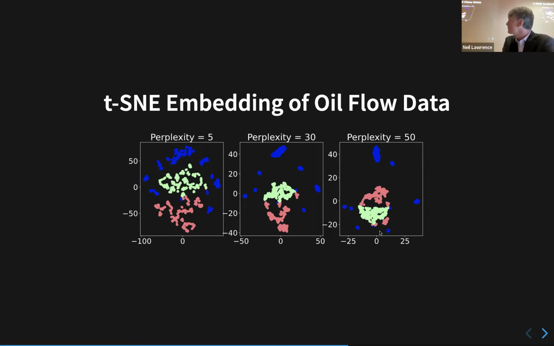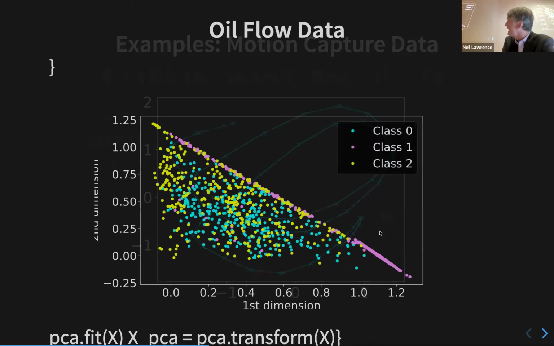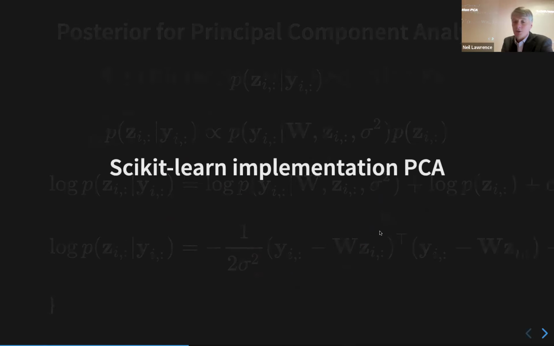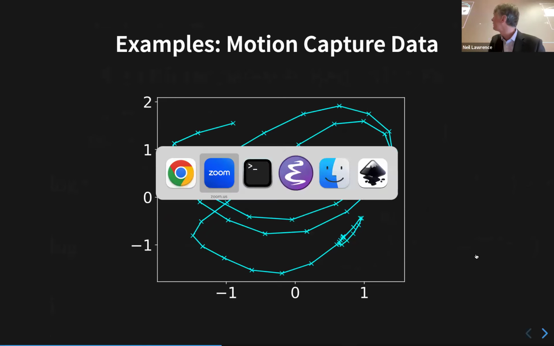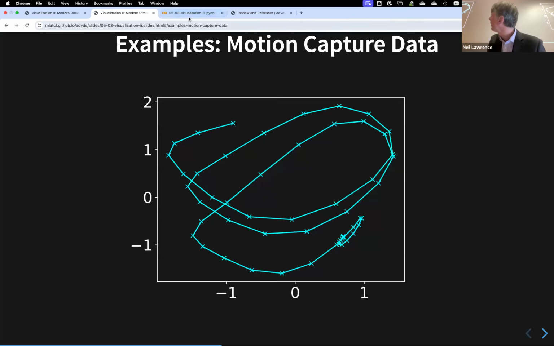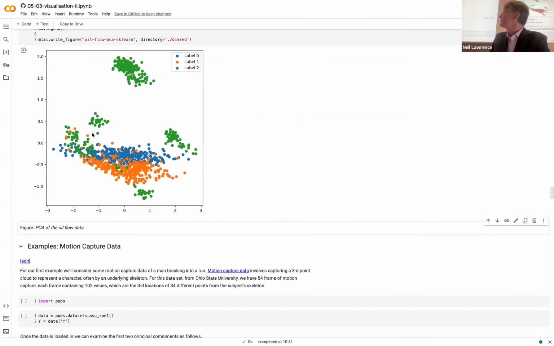I'm afraid the colors have switched a bit from the previous one, but it's roughly the same layout as the PCA version. So those clusters that you see distributed away are these clusters here in the t-SNE, and then these big clusters here are somewhat closer together in the t-SNE as well.